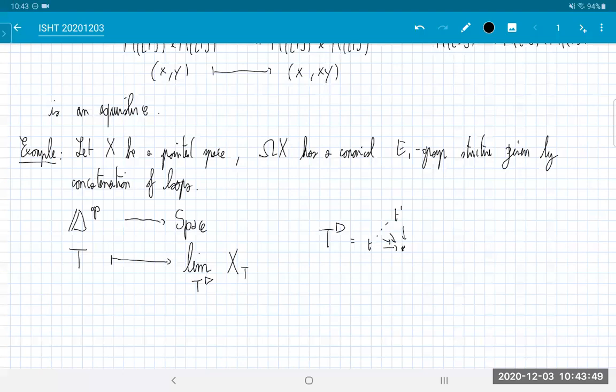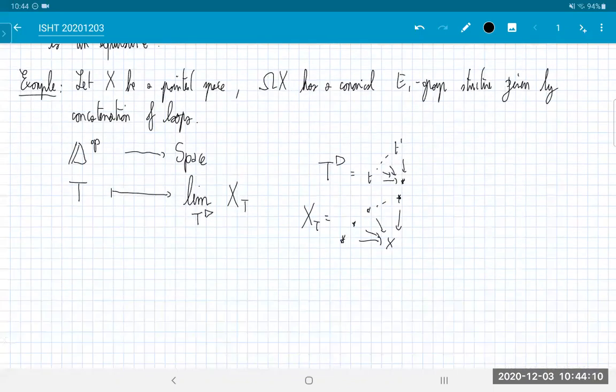And there are no maps between the objects of t. And xt is just this diagram here, where for every object of t I have a point, and at the cone point I have x. And this map is just inclusion of the base point.